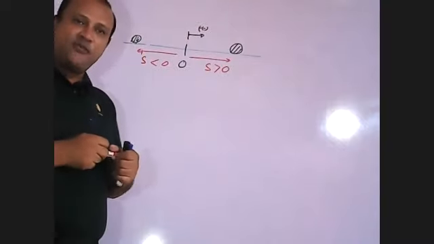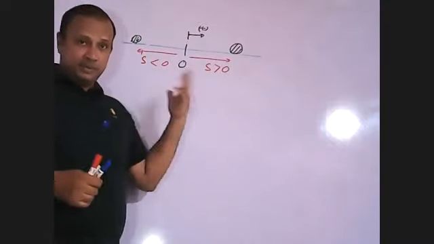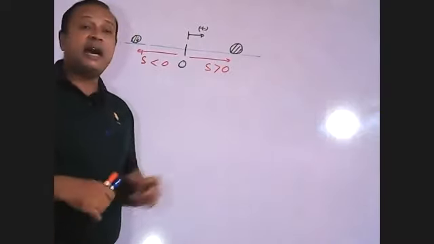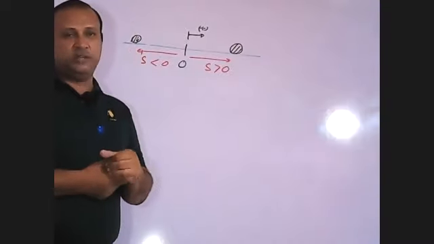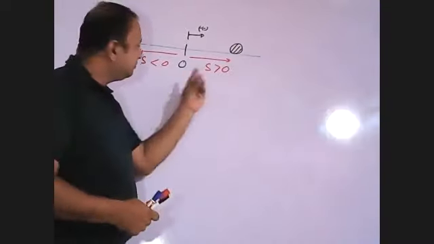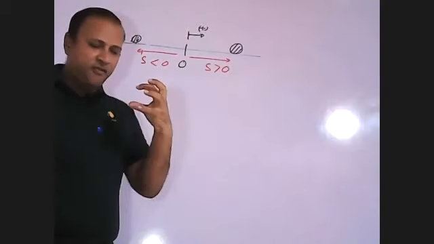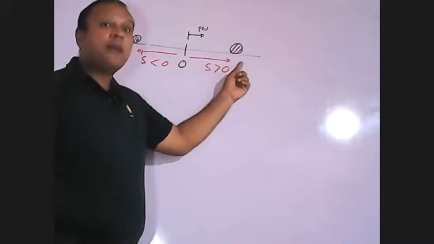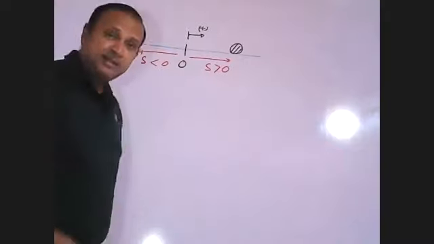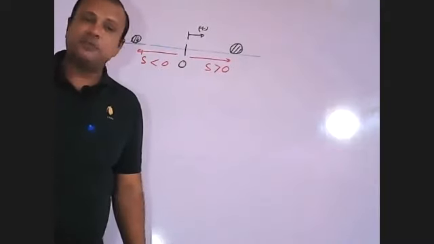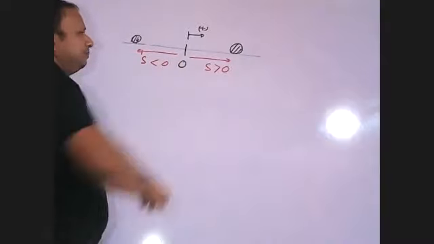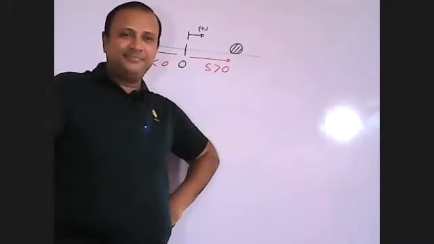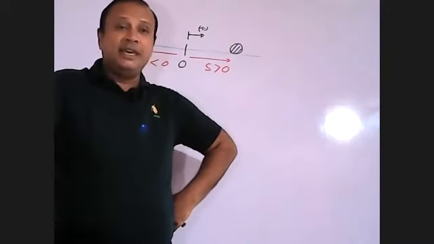Therefore, the current position depends on the sign of displacement. If the displacement is positive, the current position is positive, which means the object is on the positive side. If the displacement is negative, the object is on the negative side. Can you remember that? Everyone, I need your responses.